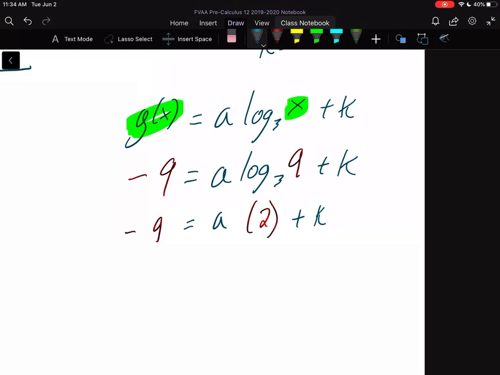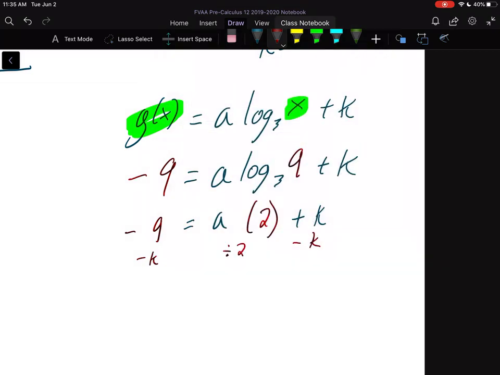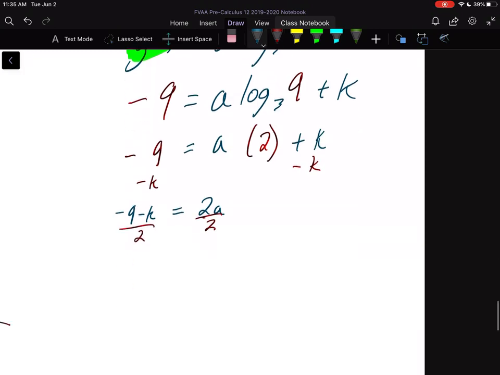So I'm going to bring the k over to the other side, so minus k, and then divided by 2. I'll just do one step at a time here. That's going to give me -9 minus k is equal to 2a. Divided by 2, a is equal to (-9 minus k) over 2. Okay, so that's what one of my variables is equal to.